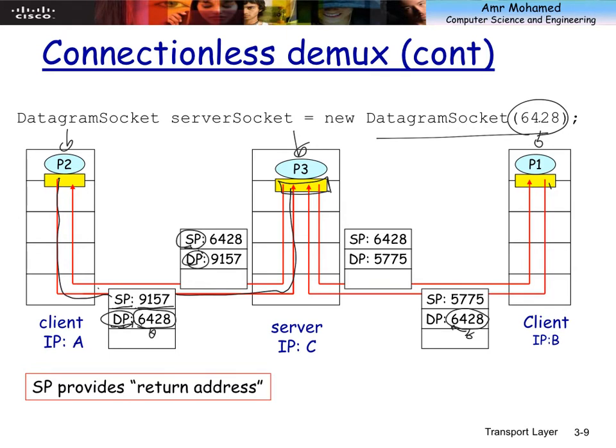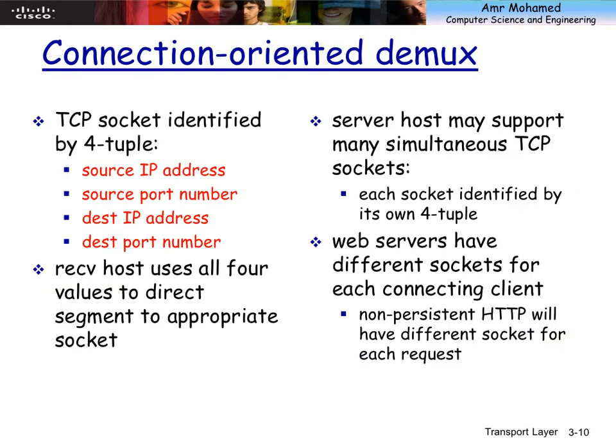So the source port is needed in the segment so that the server application, when it tries to send back the response, uses the right destination port to send the reply. So it's a request-reply type of transmission. And here, I don't have to specify any of these IP addresses at all. I didn't have to specify any of these addresses.